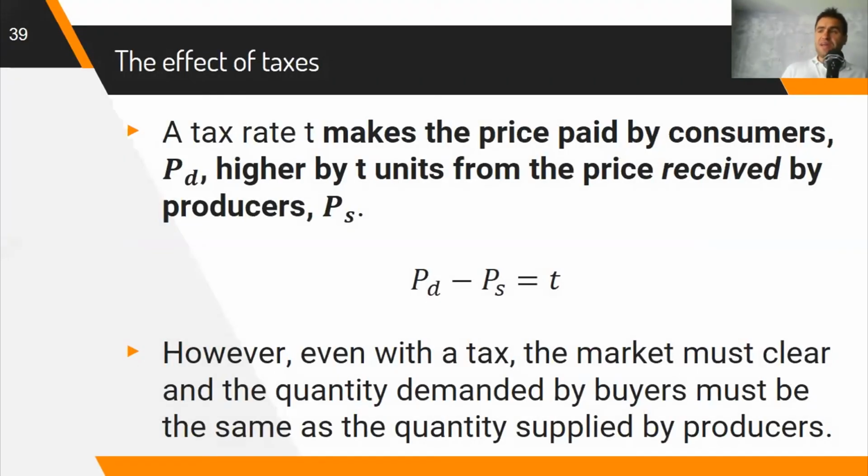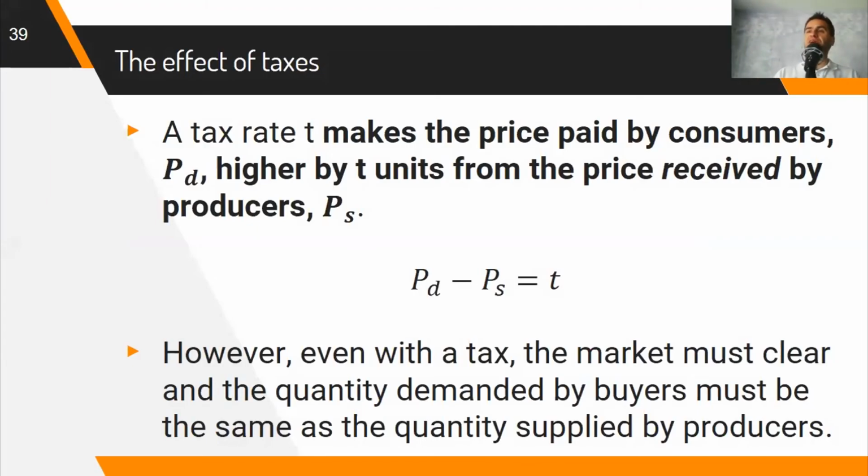So the effect of any tax, basically, is that when you introduce a tax to the market, and for this we will focus on sales type taxes, you create two prices. A price paid by consumers, which is the final price they see at the store, that includes taxes, and the actual price received by producers or suppliers.